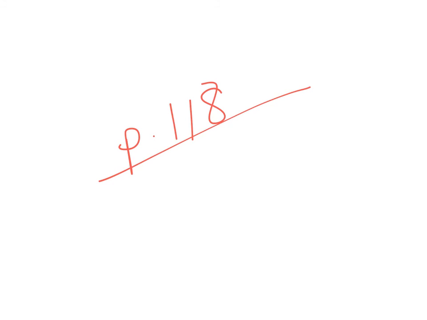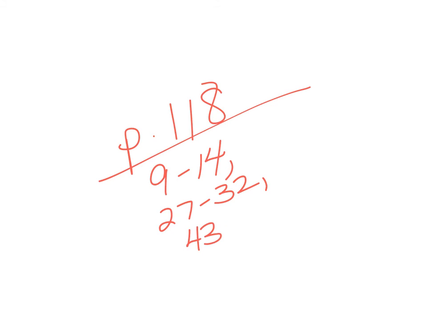Nine through 14 are good equation problems. 27 through 32, bless you, are good greater than problems. 43 through 48 are good less than problems.